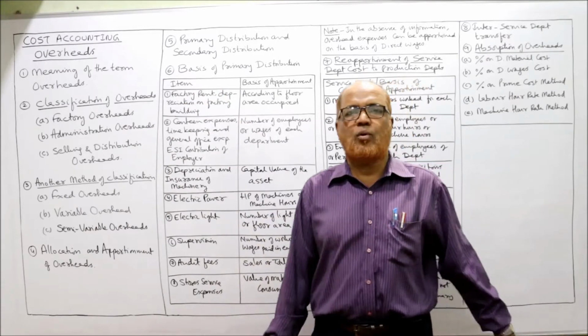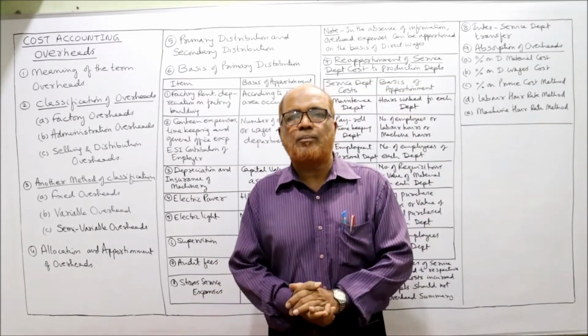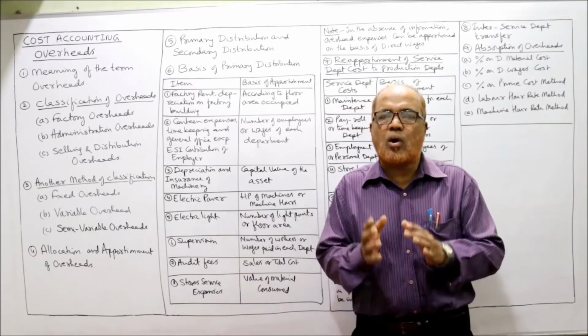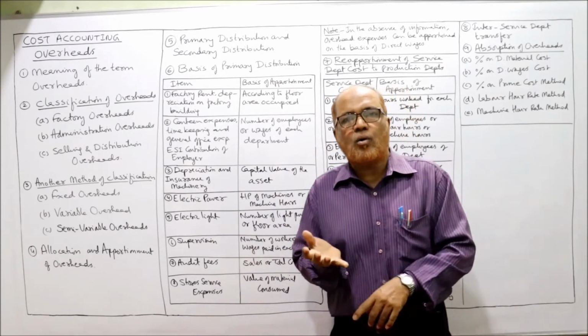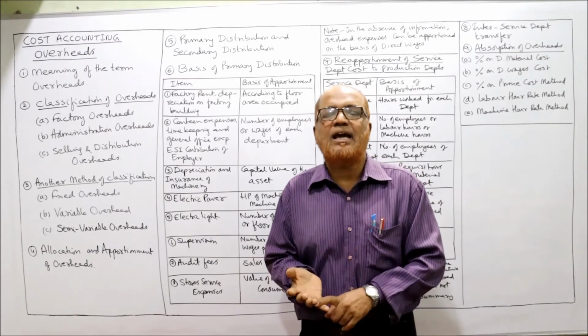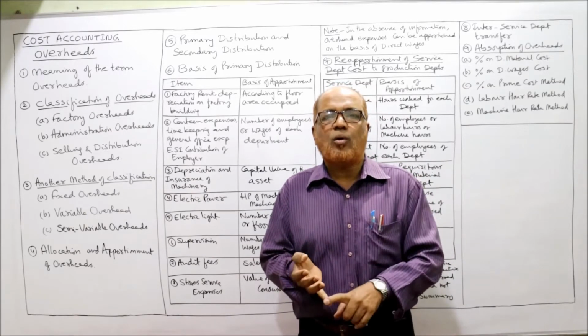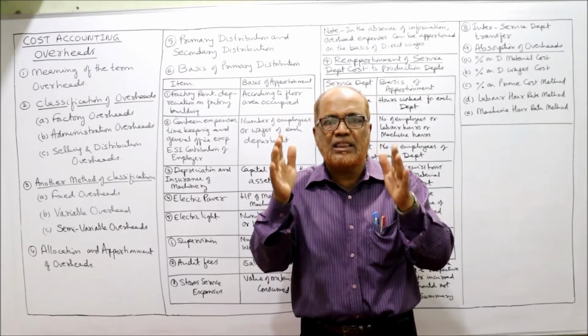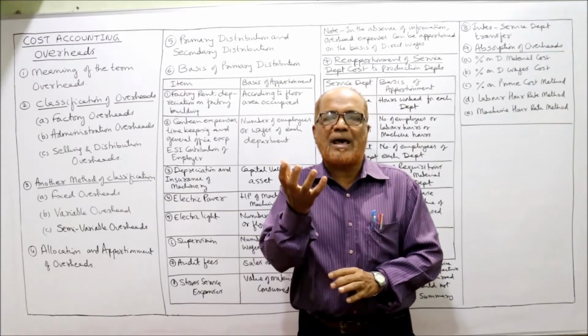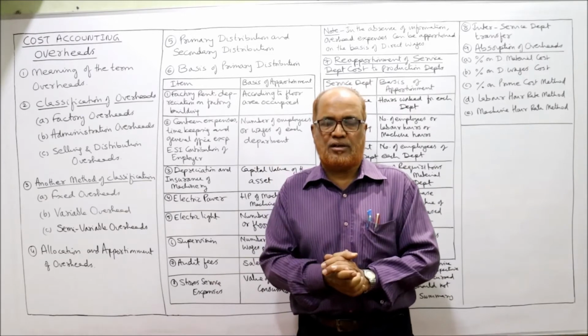Now classification of overheads. Overheads can be classified broadly into three categories. Already we have discussed in unit and output costing. That is factory overhead, administration overhead and selling and distribution overhead. The factory overhead is all the indirect cost incurred in the factory where goods are manufactured.